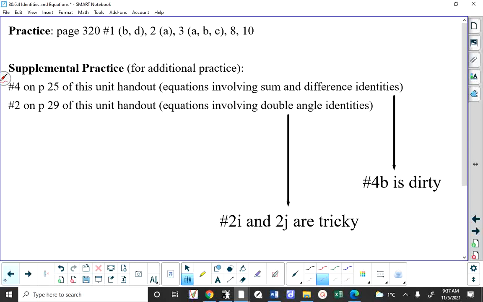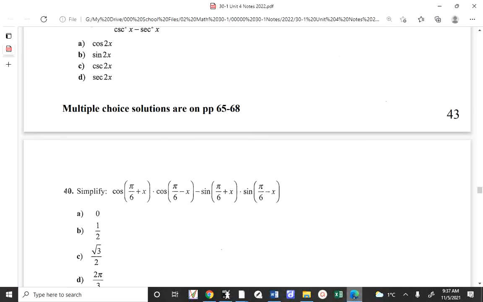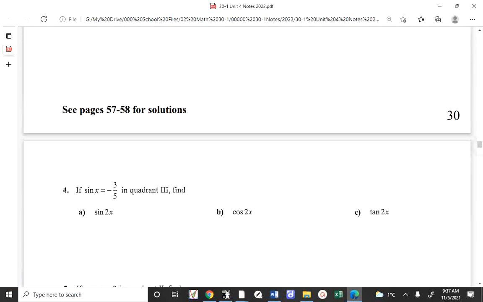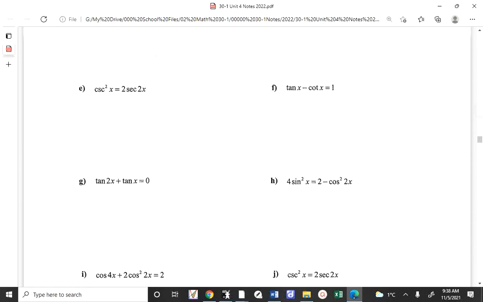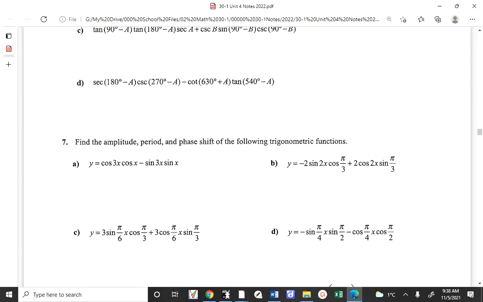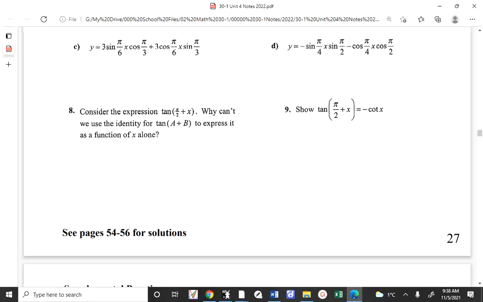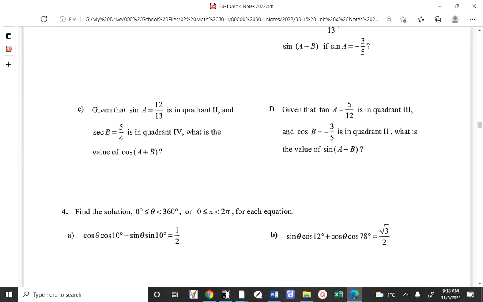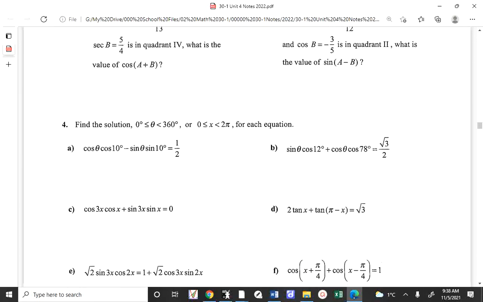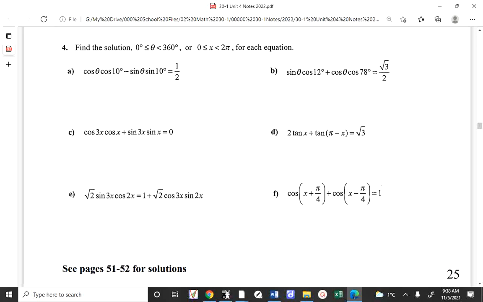On which page? Okay. Number 4B. D. Got it. Okay, sorry. I was just a little confused because you were saying 1. 26. 25. 4D. Okay.